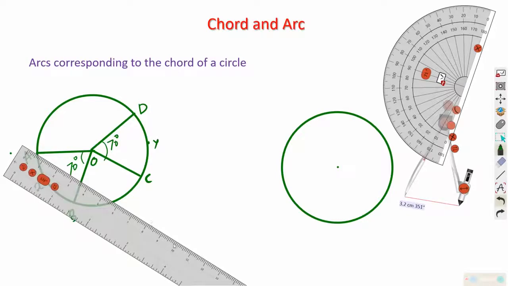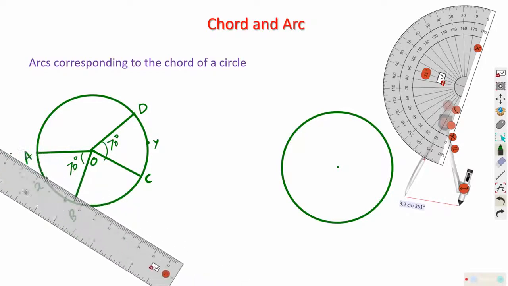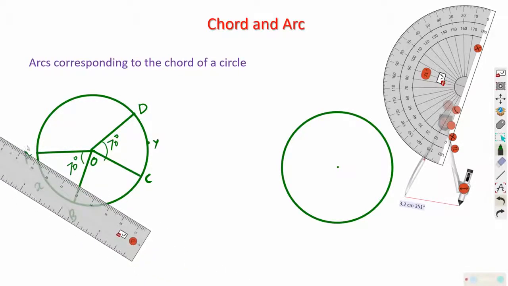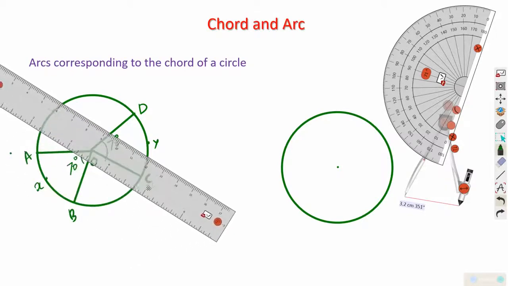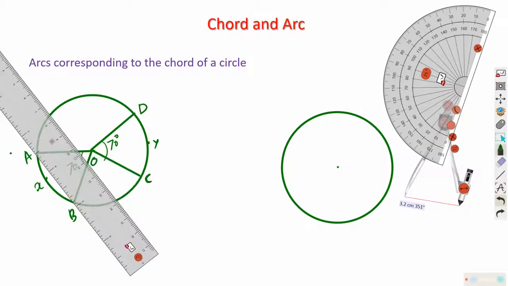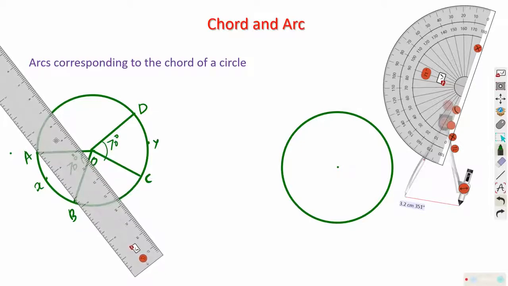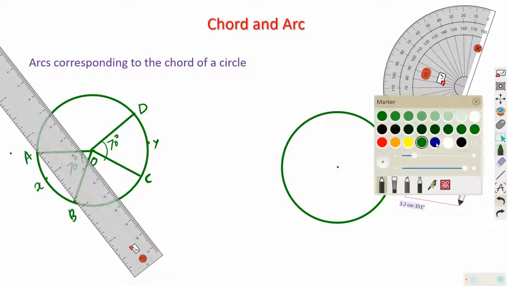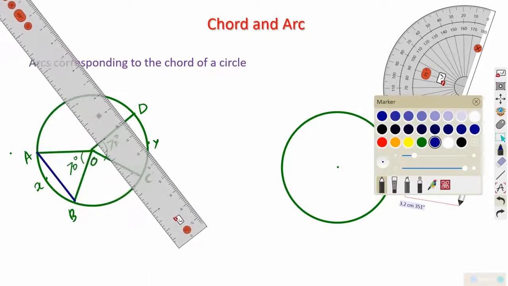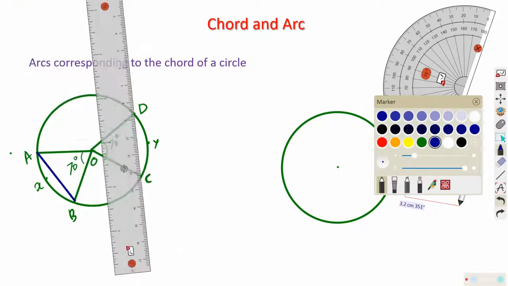Okay, so I need to draw chords accordingly. I can draw a chord here. I have drawn. In the same way, I have to draw a chord here. I am going to draw a chord here also. The chords are AB and CD.